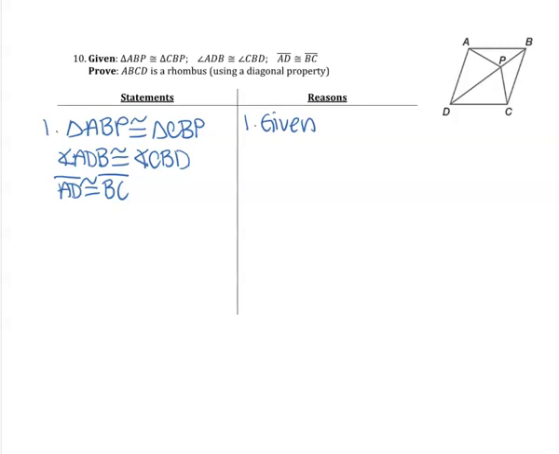2 more proofs. Okay, so I am giving you that ABP, which is this triangle right here, is congruent to CBP. So my green little triangles right here, those are congruent, which means all the corresponding sides and angles are congruent, so that's great. I'm then giving you ADB, which is this angle right here, is congruent to CDB.